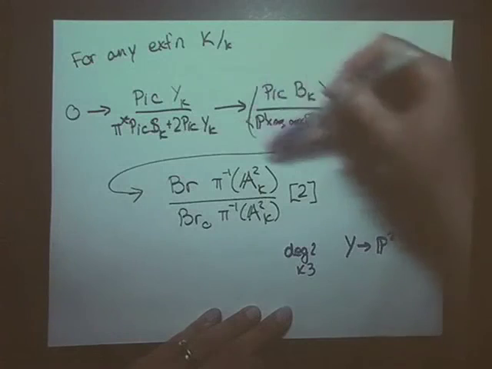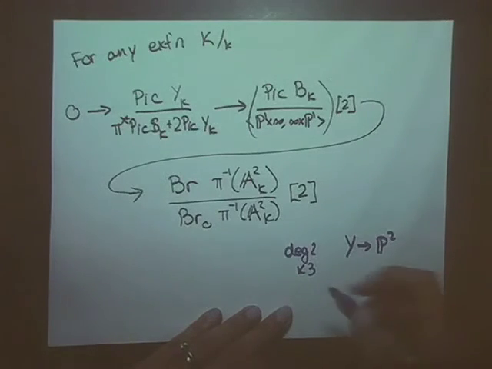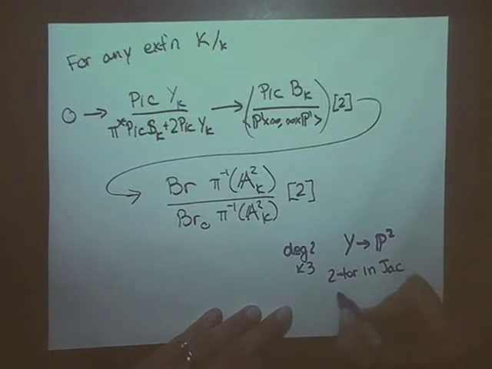Well, this class is basically going to be the 2-torsion of the Jacobian and the theta characteristics. Divisors such that twice the divisor gives you the canonical divisor. So the 3 different kinds correspond to the 2-torsion in the Jacobian, the even theta characteristics, and the odd theta characteristics.